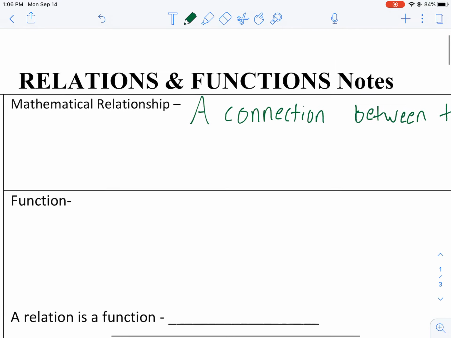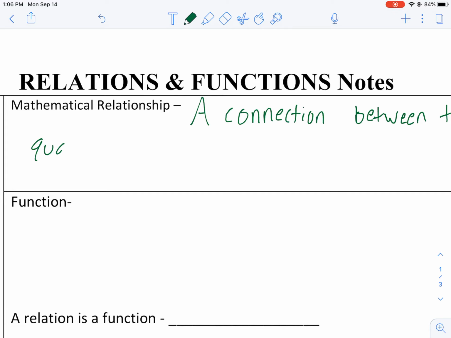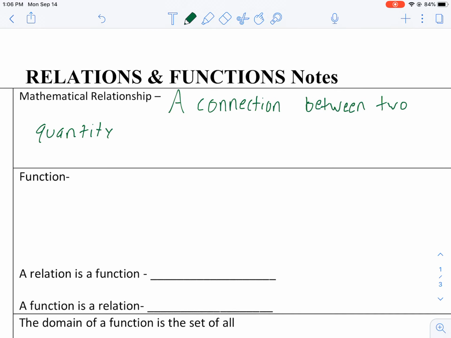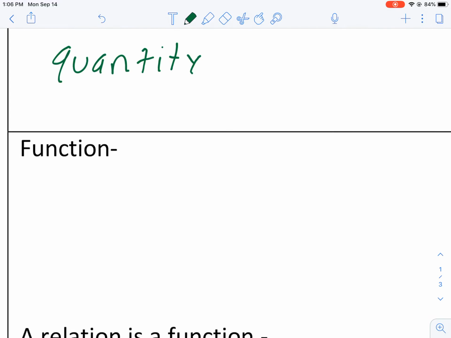So there's some connection there. And specifically, we're going to talk about a very important type of relationship. It's a subset of all mathematical relationships, and that's a function. And we spend a lot of time in math talking about functions. So what is a function?